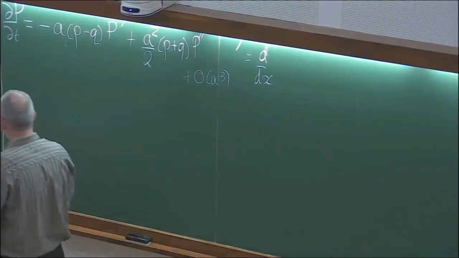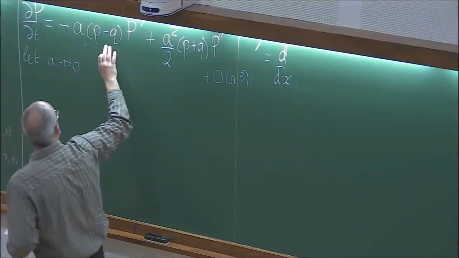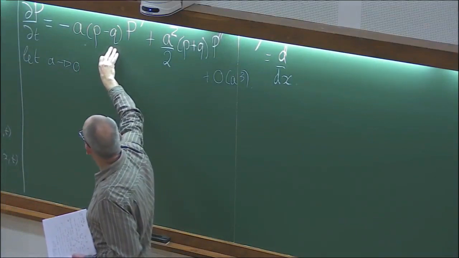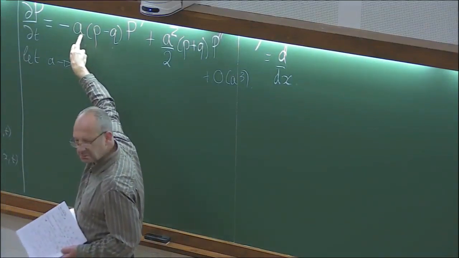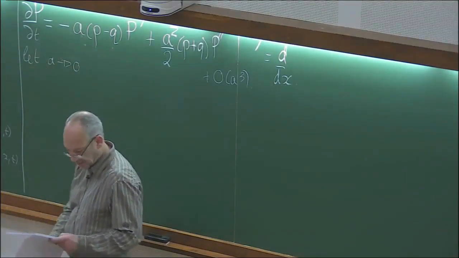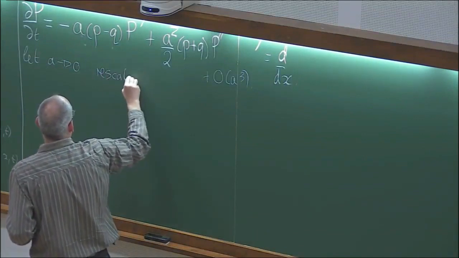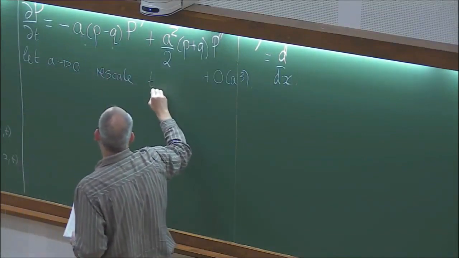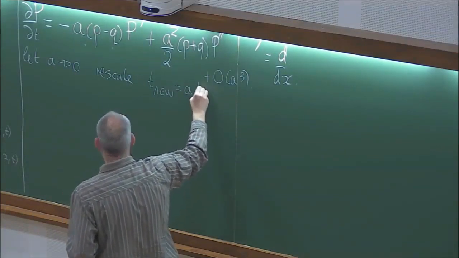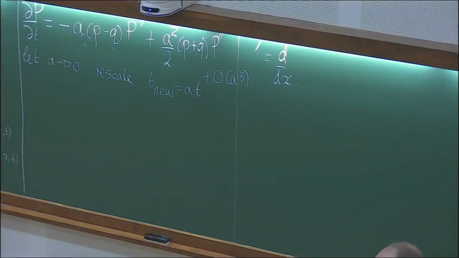So if I let A go to 0, you would think this is the dominant term. And then, okay, I've got an A here that I want to get rid of. So the game is I should rescale time, so that the new time is A times the old time. So if you like, I'm shrinking time.